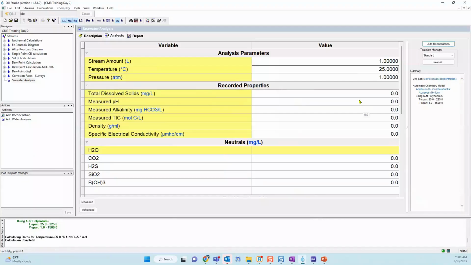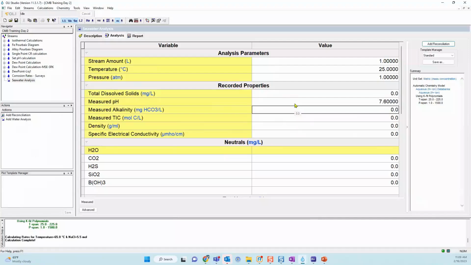Additionally, in those water analyses, in some cases, they report properties like pH, TDS (total dissolved solids), densities, and electrical conductivities. Usually the value that they report is pH, and in this case it is 7.6.